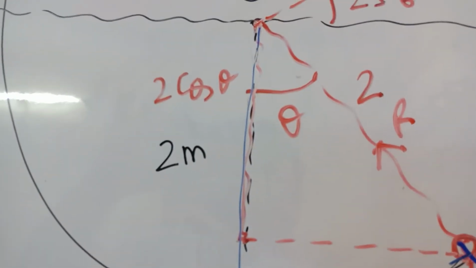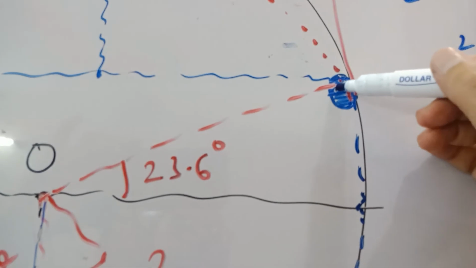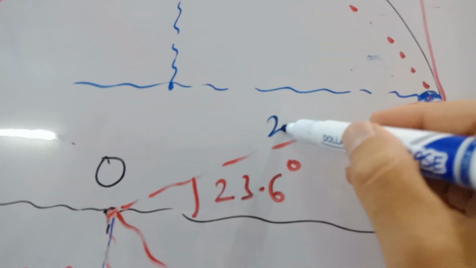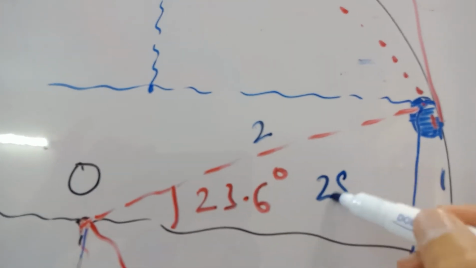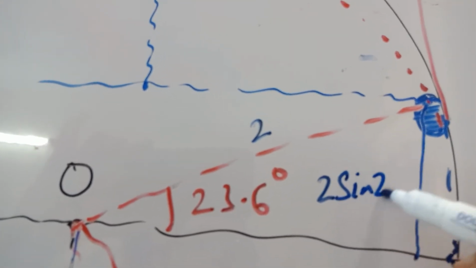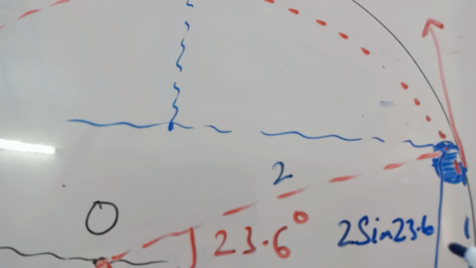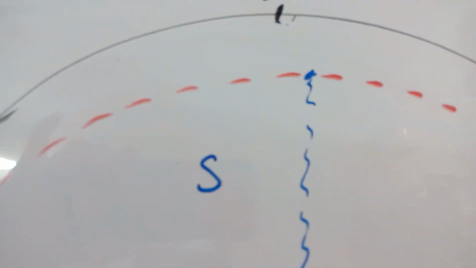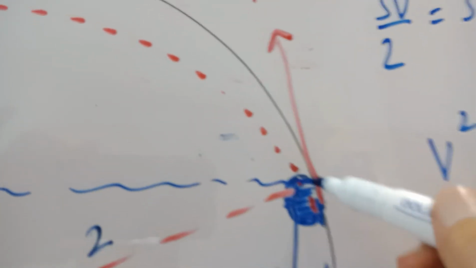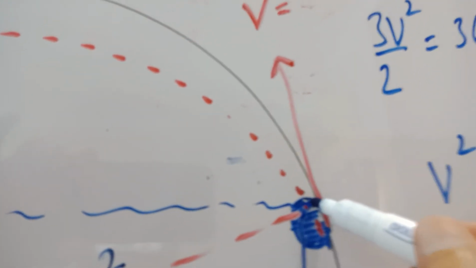Okay, so I have to see, if this is the highest point, how much is this distance. You see, we know that this distance is 2. You can find this distance over here because this is going to be 2 again. So this is going to be 2 sine 23.6. Now we just need this distance over here, let me name it S. I have to find the vertical component of the speed over here.